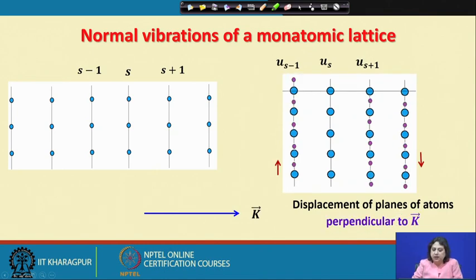We can also think of displacement of the planes of atoms perpendicular to k. If you compare these two pictures, u_s remains the same, but this plane has moved in this direction, and this plane has moved downward, where each atom has moved downward in a direction perpendicular to k.